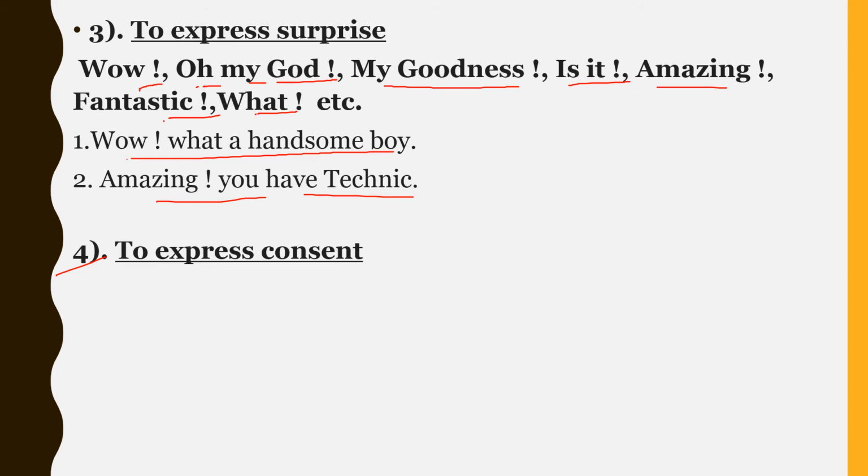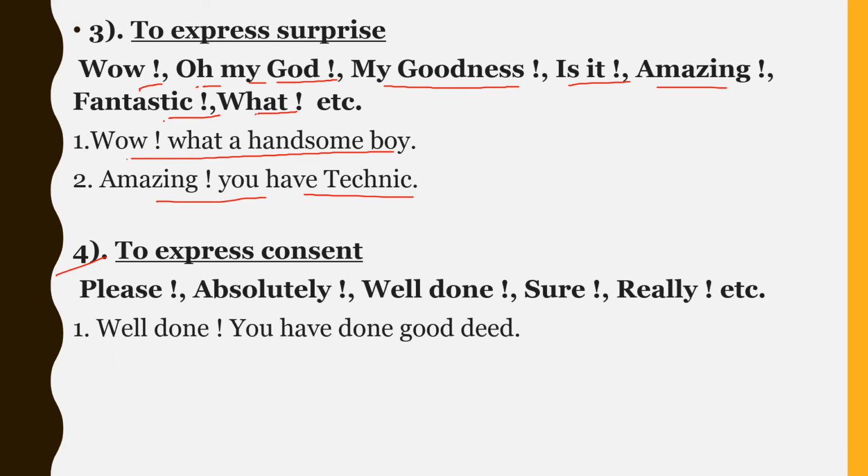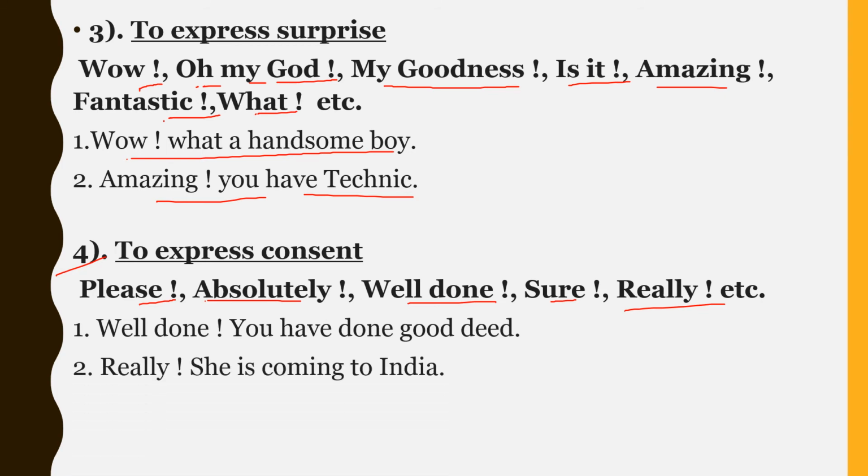See here: please, absolutely, well done, sure, really. All these words help us to express consent. Coming to the examples now. "Well done, you have done a good deed." "Really? She's coming to India?" These are the words used to express consent.